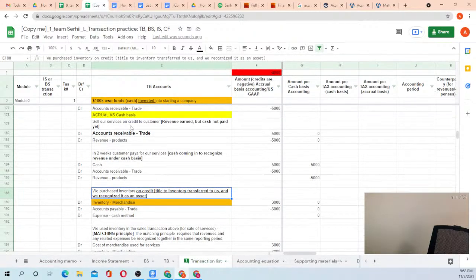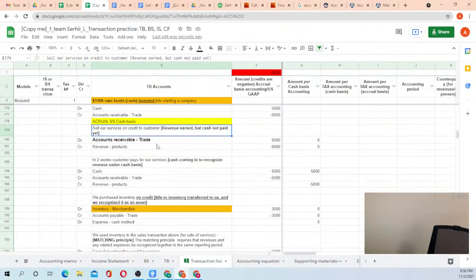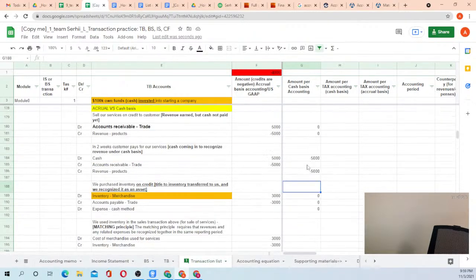Under the first one, under the accrual basis, we recognize something when the transaction happened, when title transferred for the goods, or when you rendered the services, or when you bought the services. And under cash basis, something only happens if cash changes hands.